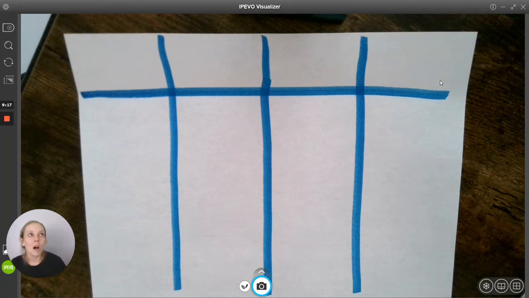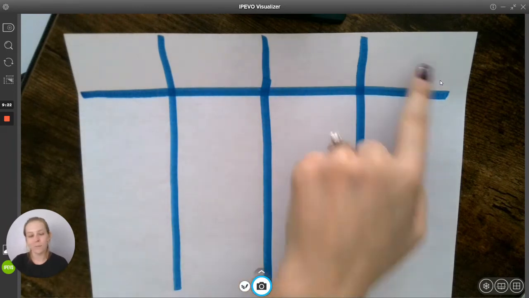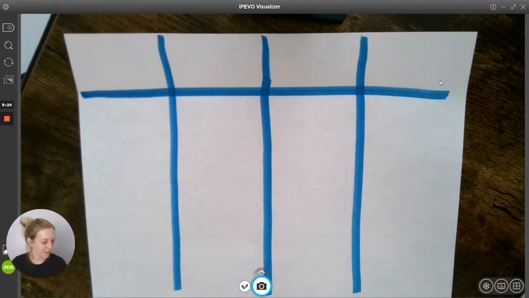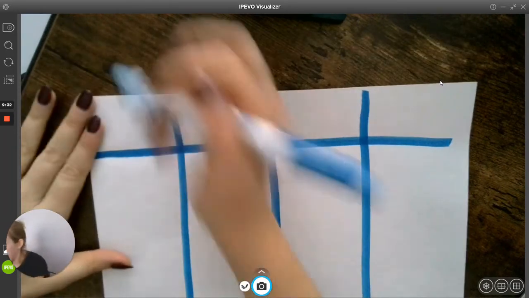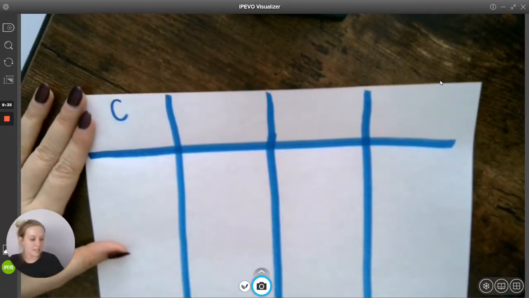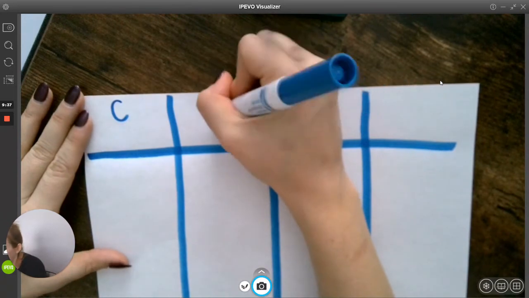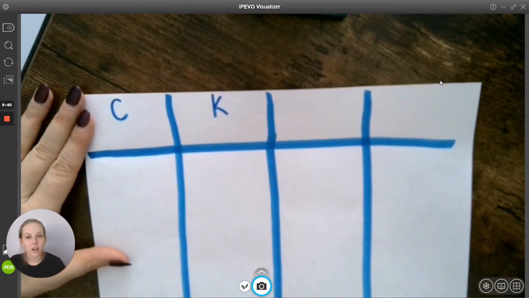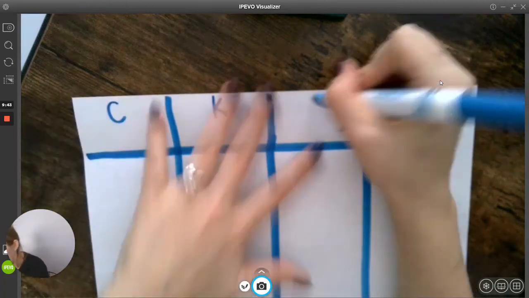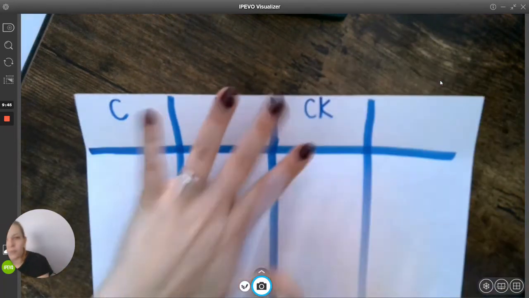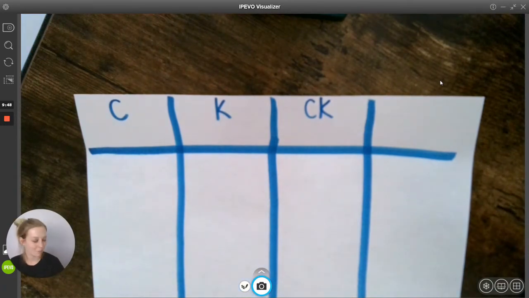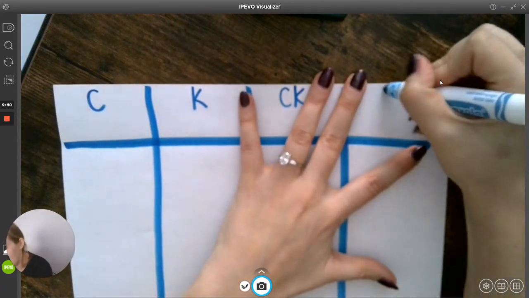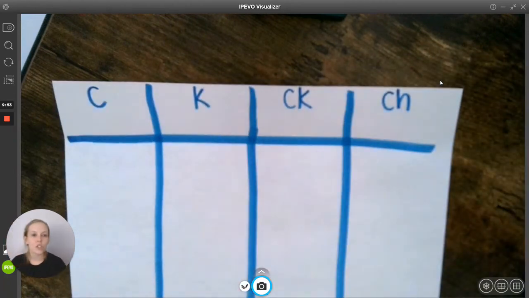So, what are some spellings of the sound K? As you can see, there are 4. What are some of them? Do you remember? We have C, K, and tall K, and 2-letter CK, and last we have CH.